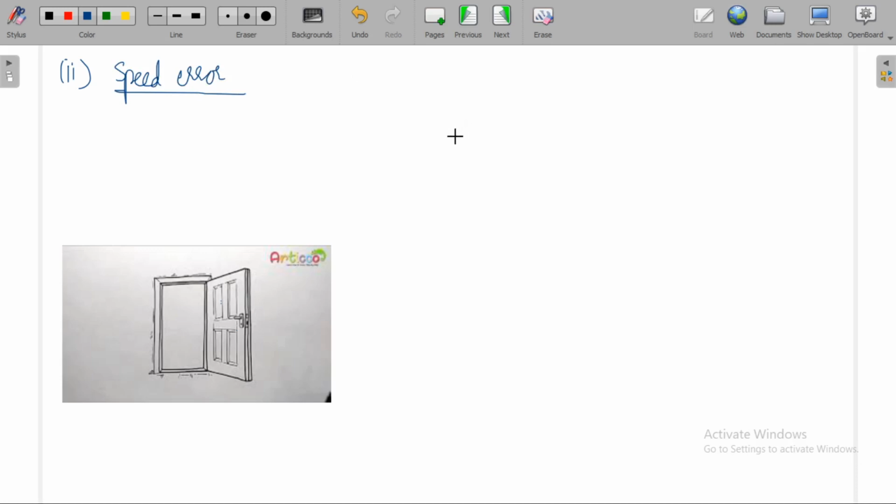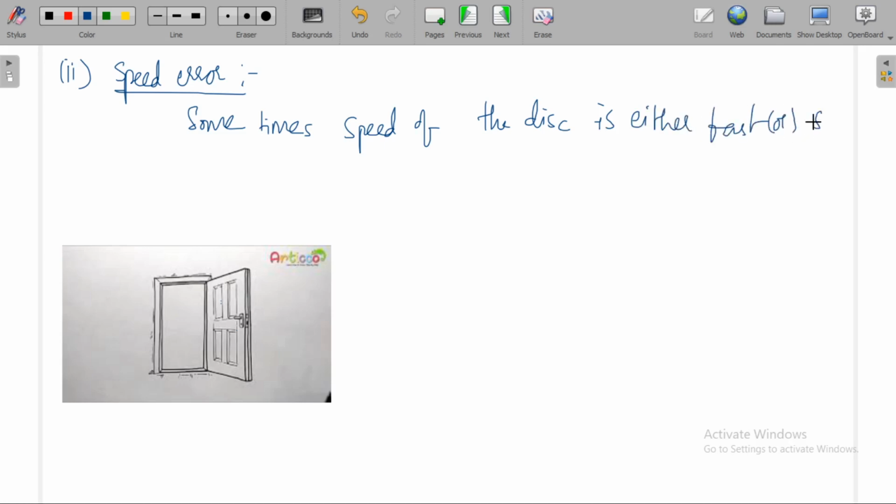Sometimes the speed of the disc in the energy meter is either fast or slow. Then it causes considerable error.